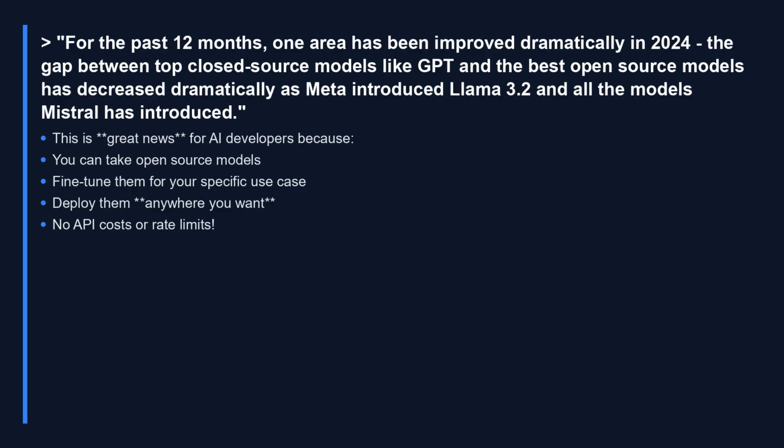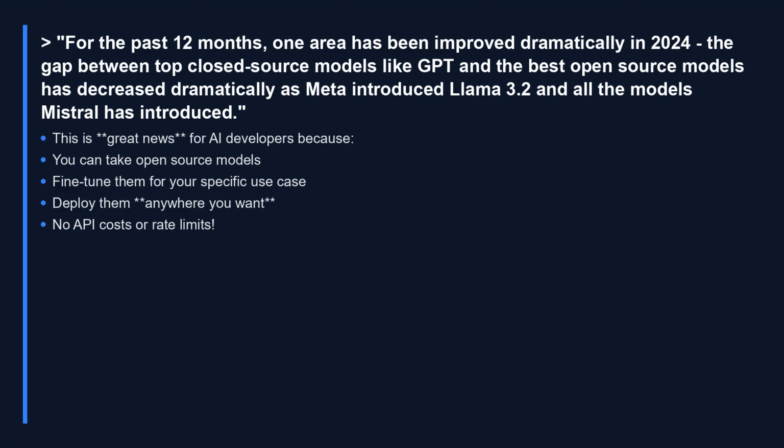You can now take an open source model, fine-tune it for your specific use case, deploy it wherever you want, your own server, a cloud VM, a local machine, and pay no API costs, hit no rate limits, and maintain full control over your data. That combination wasn't really practical 2 years ago.